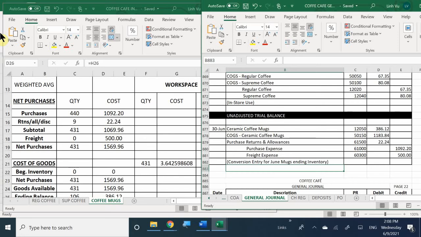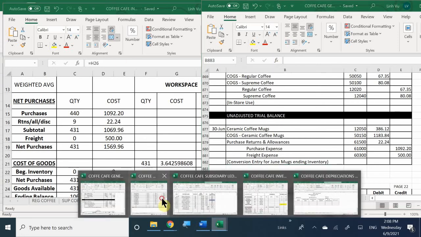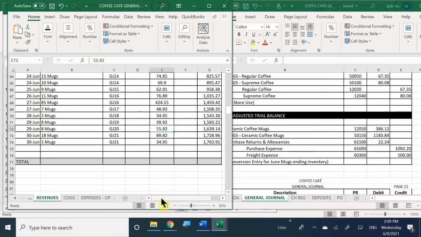So what step is next? General ledger. Always journal, ledger, right after.